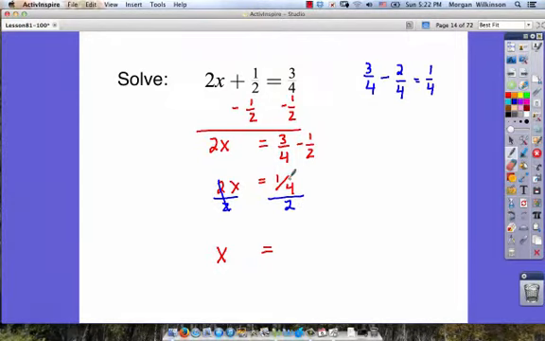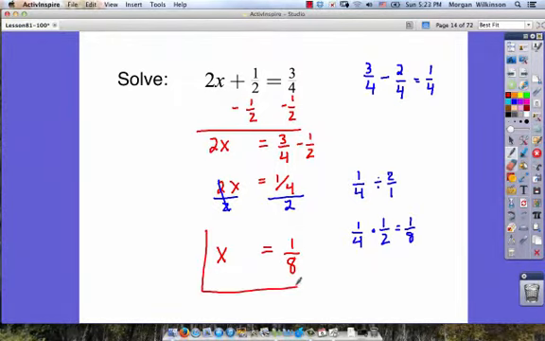Let's work this problem out on the side. We have 1/4 divided by 2 over 1. When we divide fractions we have to copy dot flip, so we're going to get 1/4 times 1/2. 1/4 times 1/2 must be 1/8. So now we've got our answer. x must be equal to 1/8. We could go ahead and box this and move on to our next question.